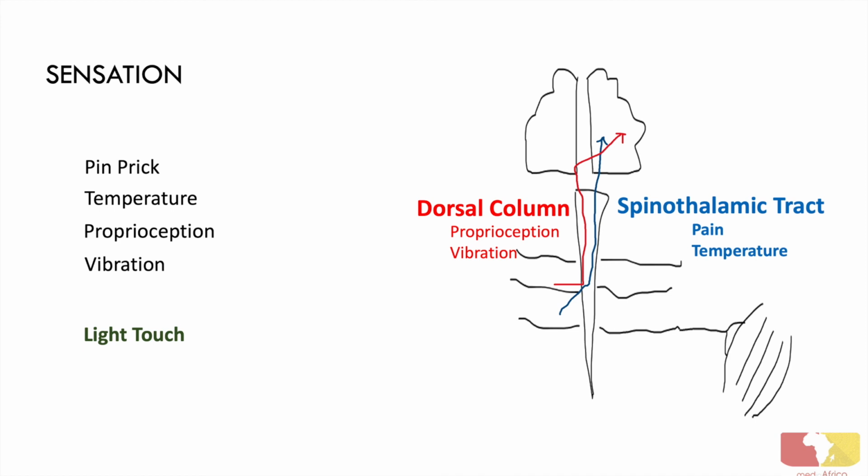So that makes it a bit non-specific, and if you see these tracts, they're only carrying these specific functions, and you can easily tie them to each one of these tracts. But light touch actually has one bit traveling in the dorsal column and another bit traveling in the spinothalamic tract.